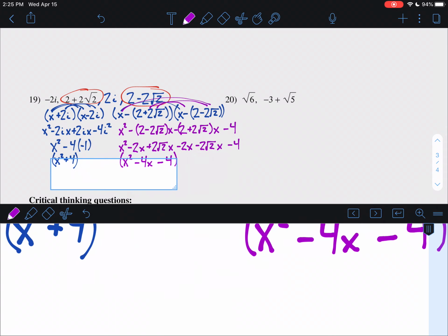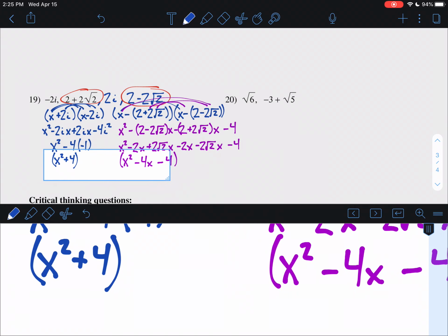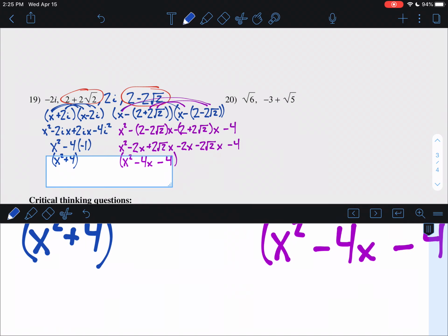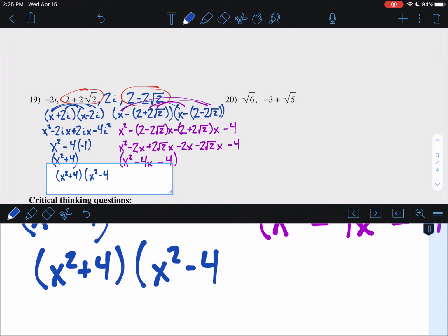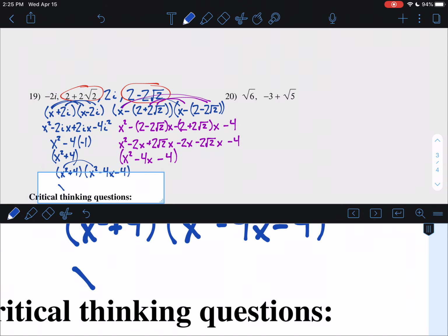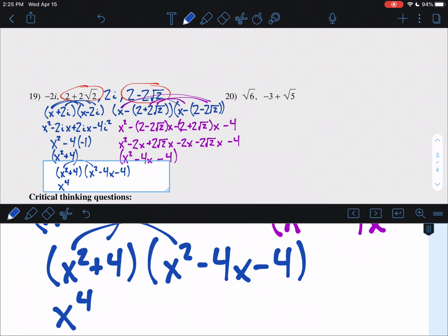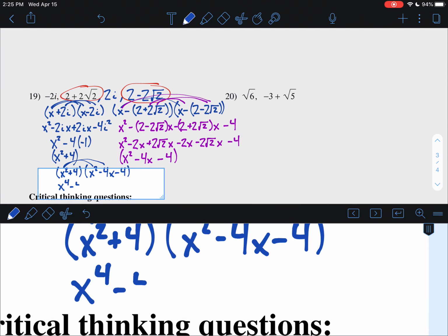Okay, so when I multiply that times x squared plus 4, I'll take it back to blue. So let's see. Yeah, I got x squared plus 4 times x squared minus 4x minus 4. I'm doing x squared times x squared is x to the 4th. I'm doing x squared times negative 4x is negative 4x to the 3rd.